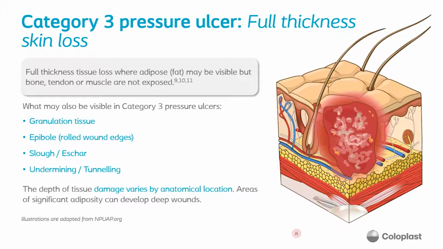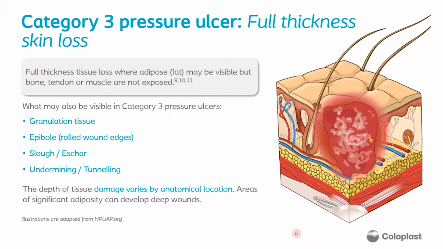Any slough or eschar that might be present, so the devitalised tissue that you might see in that wound bed, and there could potentially be some undermining or tunnelling with this type of wound as well. The depth of the wound will actually vary depending on the anatomical location, and this is why I've really spoken about the importance of the anatomical location.